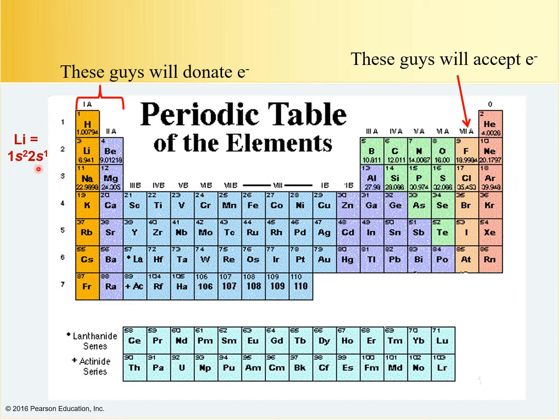If lithium were to lose this 1 electron here in the 2s orbital, its configuration would be 1s2, or in other words, it would have the configuration of helium. So these guys over here on the left side of the periodic table are going to tend to donate electrons.